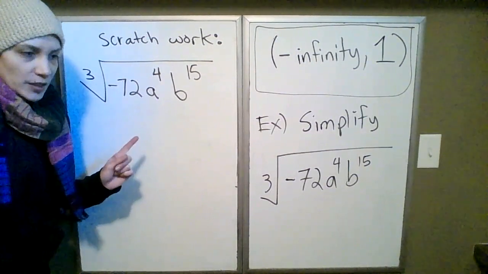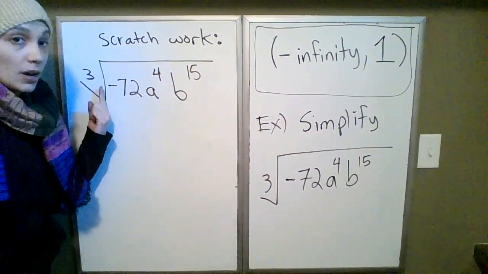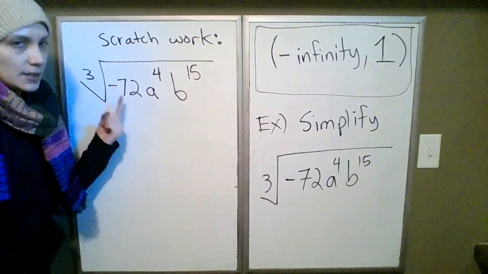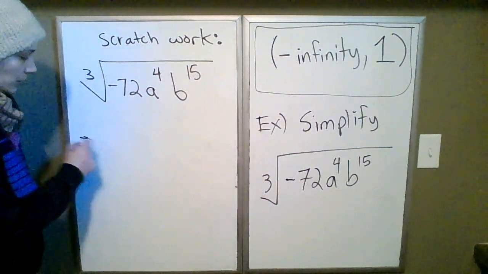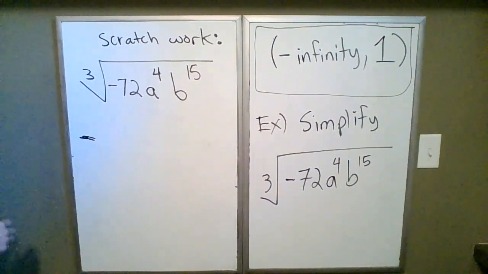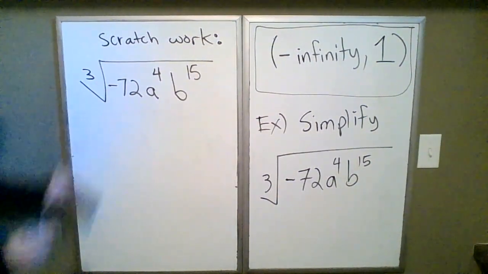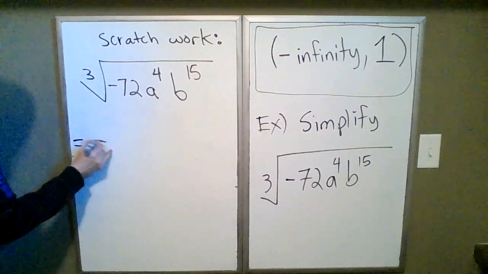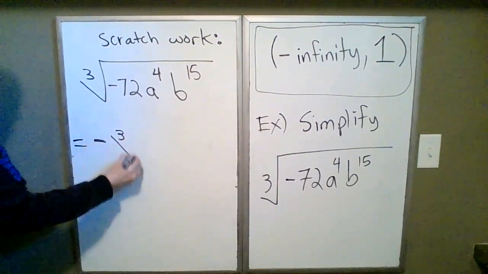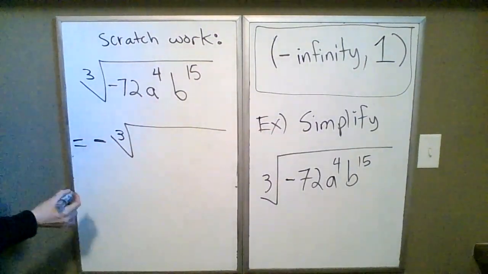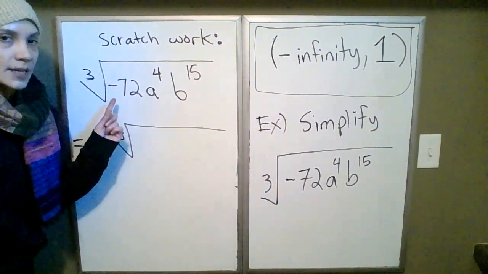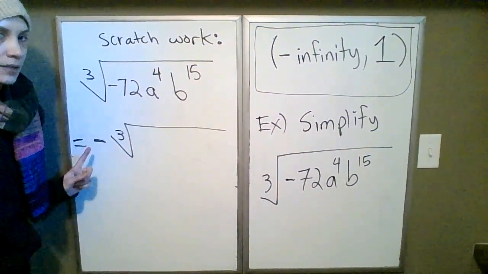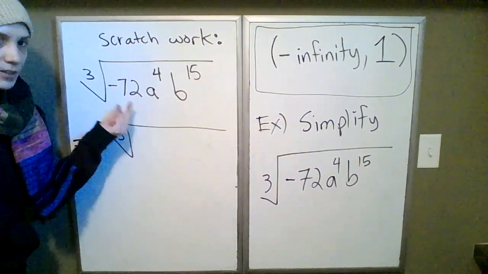So the first reminder is when you have an odd root and a negative sign under the root, you can take the negative out from under that root. Okay, next thing I would do after taking care of the negative sign is factor 72.